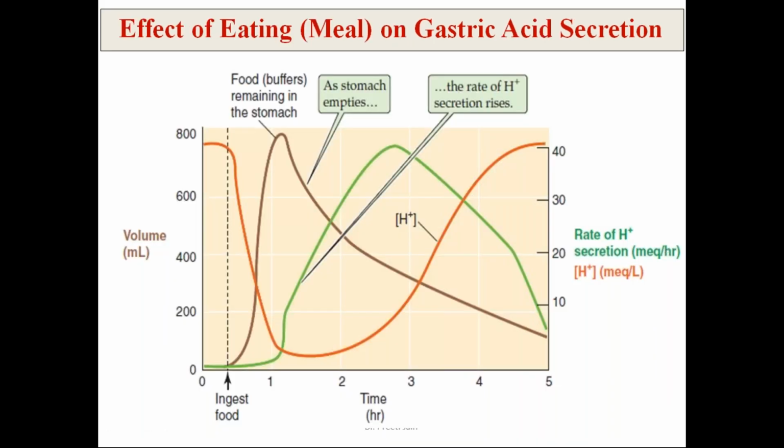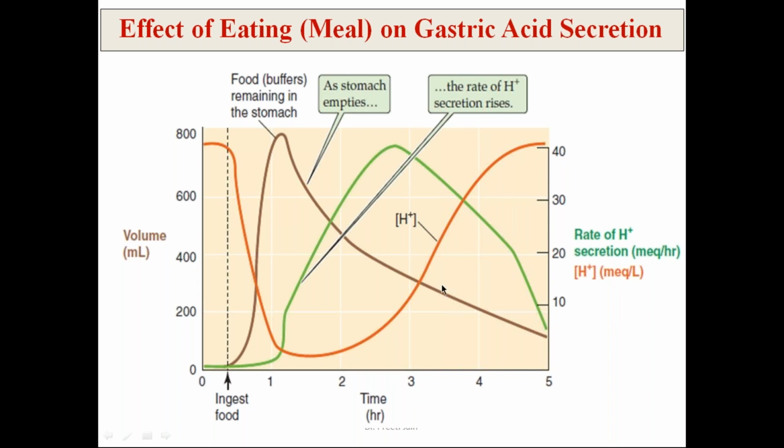So this is showing the effect of eating on gastric acid secretion. So here you can see this is the volume of the gastric juice, and what happens as soon as you ingest food, this is showing the time gap occurring after the ingestion of food. So as you ingest food, the volume of gastric secretion increases, and the rate of hydrogen ion secretion also increases.